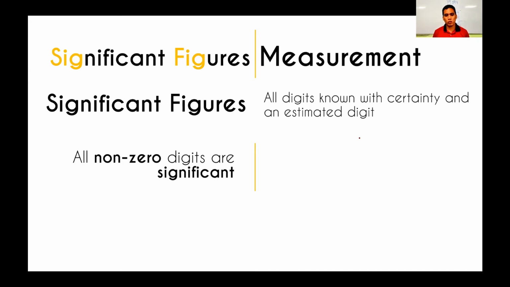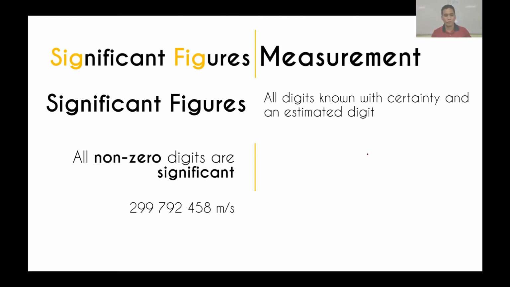So 1, 2, 3, 4, 5, 6, 7, 8, 9, they are all significant. The crucial part is the zeros, because a zero may or may not be significant. So how can we identify if the zeros are significant or not?